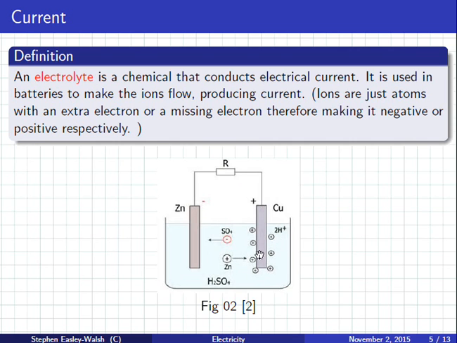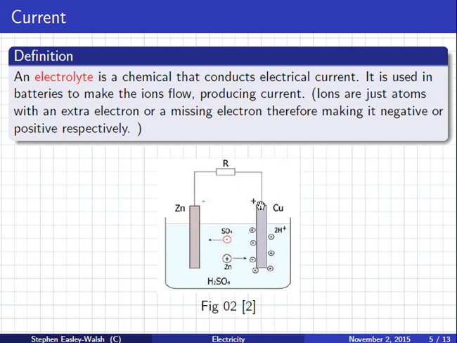Now, does anybody know what an ion is from chemistry? It's a charged atom. So you don't need to write down what an ion is if you know it from chemistry. I just said an ion is an atom which has an extra electron or a missing electron, but it's okay.